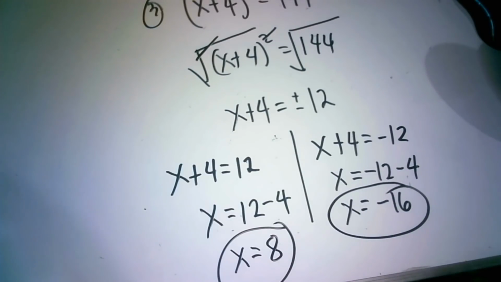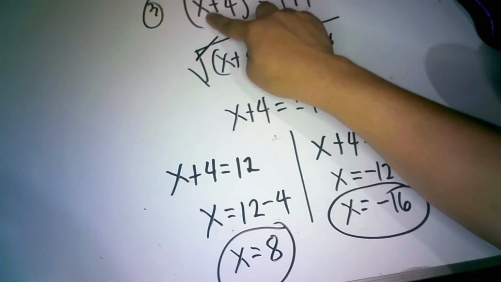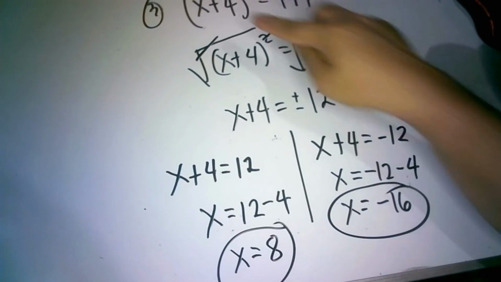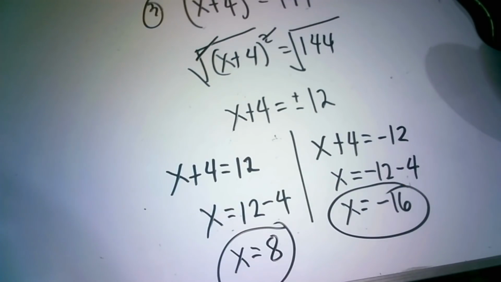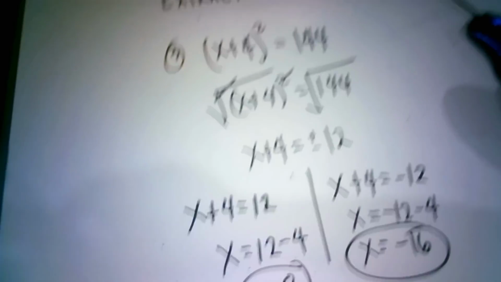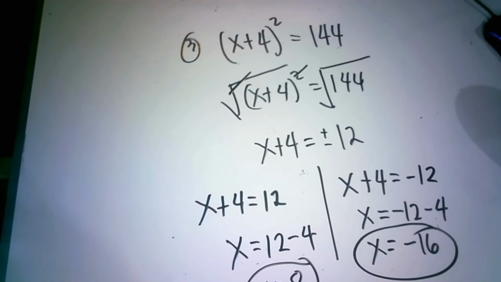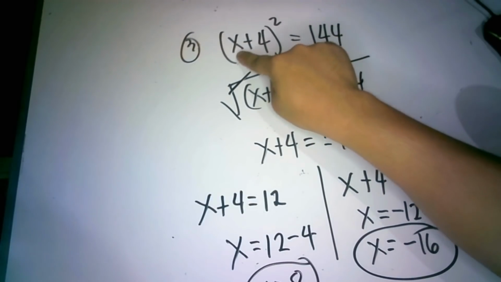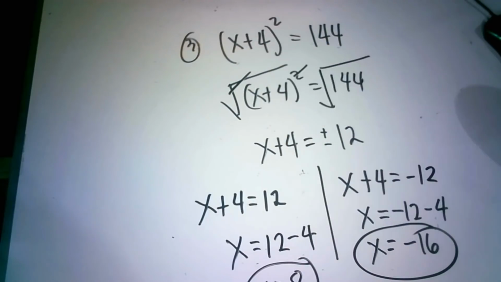Now, sir, how will we know that our answer is correct? Very simple. Just substitute the value of x here. First, the value of x is 8. Substituting 8, if you use mental math, it becomes 8 + 4. What is 8 + 4? It is 12.